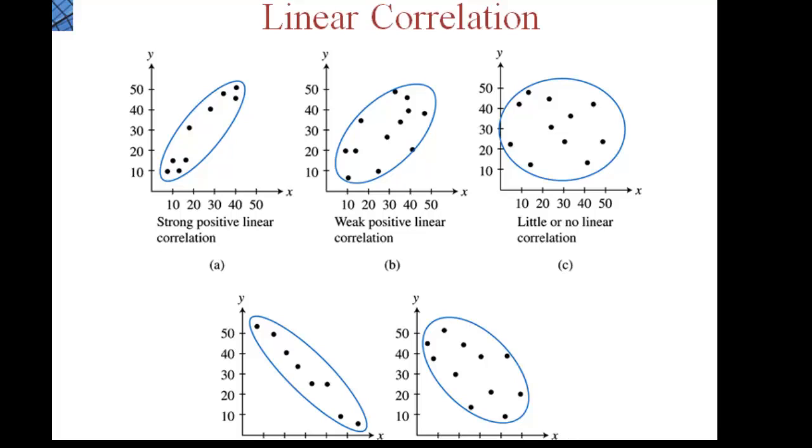We have 5 different kinds of scatter plots. When points of a scatter plot are clustered along a line, we say there is a linear correlation between the quantities represented by the data. When an oval is drawn around the points in the scatter plot, in general, the narrower the oval, the stronger the linear correlation.